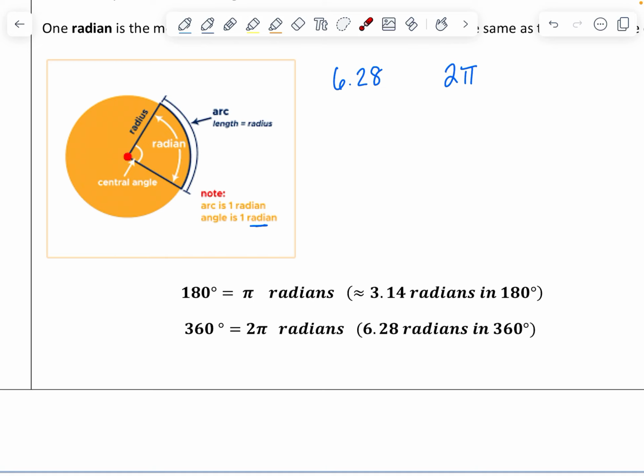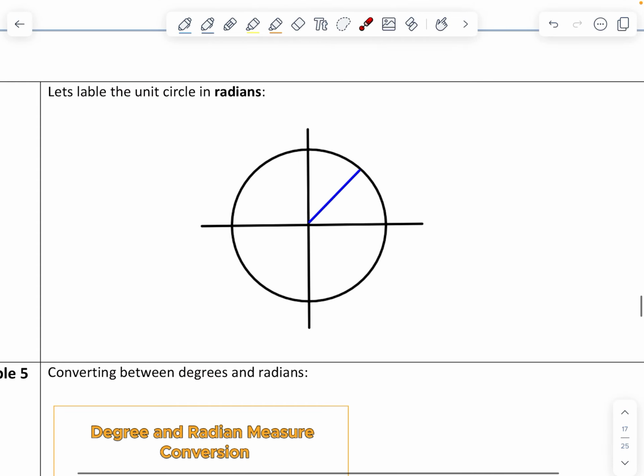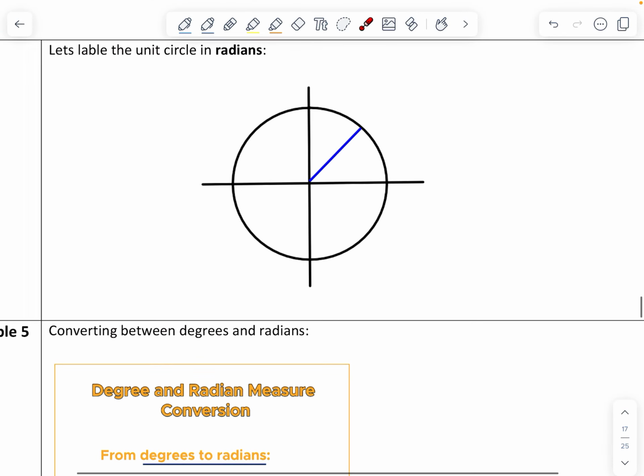Because the radius fits around the circle 2 pi times, we get the conversion that 360 degrees is 2 pi radians. And 180 degrees is then pi radians, or about 3.14 radians. So we're going to use this to help us convert between degrees and radians.